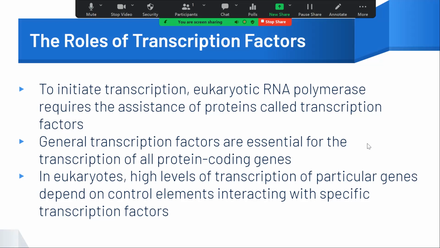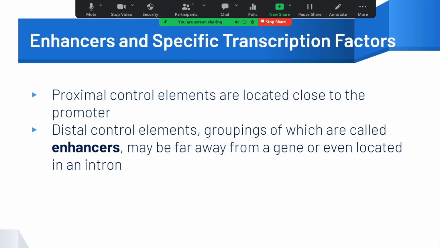Okay, so the transcription factors, again, are proteins that help that RNA polymerase bind onto the promoter region so that transcription can take place. And the control elements are going to help those transcription factors bind on to that initiation site.